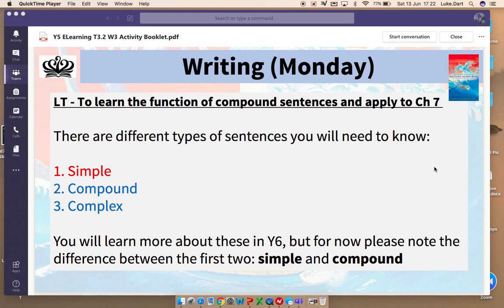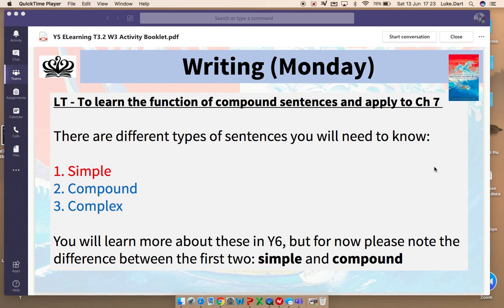There are simple sentences, something called compound sentences, which we'll look at today, and in addition to that, complex sentences, which we've not been able to look at in detail this year, but you will do when you get into year 6. It's important you understand today what simple and compound sentences are. Don't worry about complex. That's something we can look at next year.